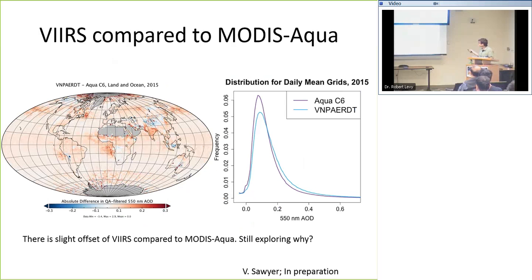And our histogram is a little bit different. And we're still exploring, again, is it calibration, or are we doing something wrong, or whatever. But we're trying to do the best we can. And if this works, and we then can port it to other sensors as well, then we really get the 30-year plus record that we're after.